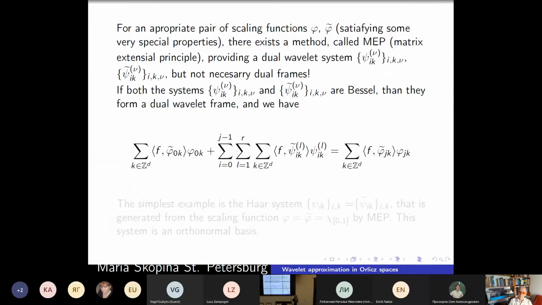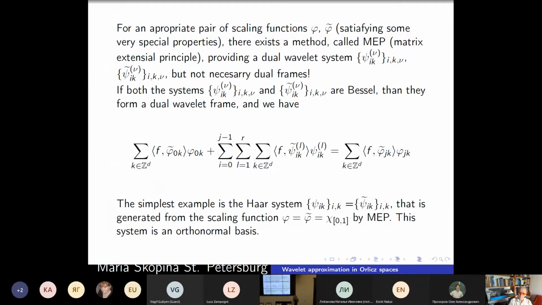The following equality holds, so this is a wavelet expansion, and the same may be given in this form via phi and phi tilde scaling expansion. We will write this, and this is also a wavelet expansion.